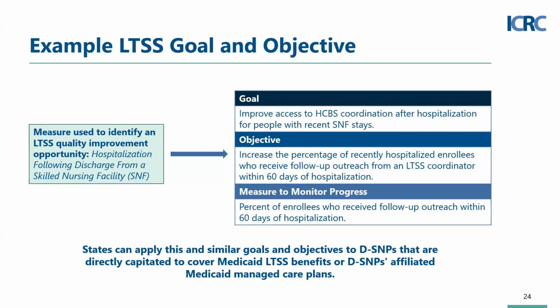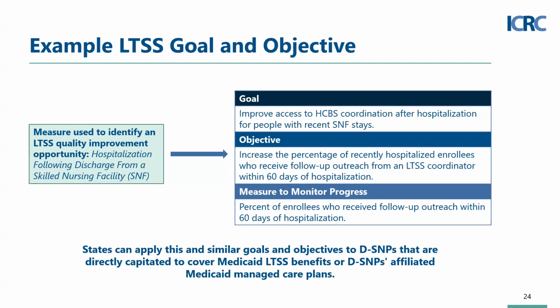An example objective includes increasing the percentage of recently hospitalized D-SNP enrollees who receive outreach from an LTSS coordinator within 60 days of hospitalization. To measure progress towards meeting the goal and objective, the state could measure the percent of enrollees who received follow-up outreach. States can apply this and similar goals and objectives to D-SNPs that are directly capitated to cover Medicaid LTSS benefits or D-SNP affiliated Medicaid managed care plans.